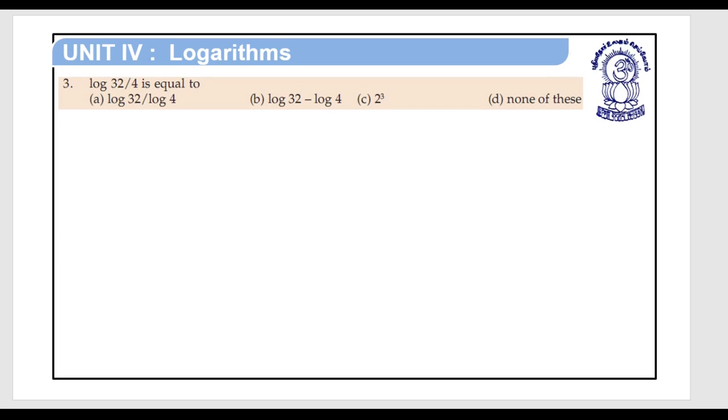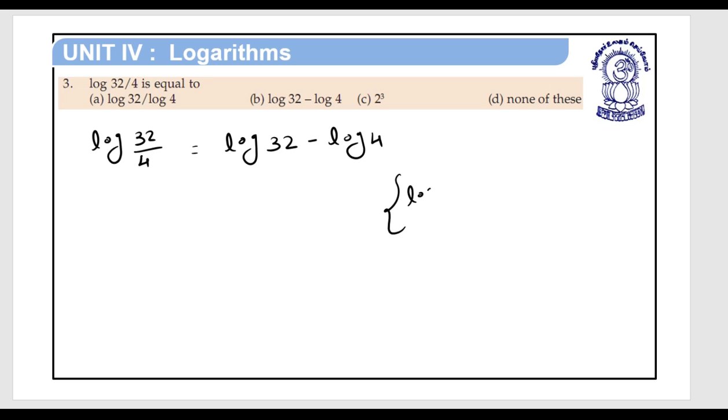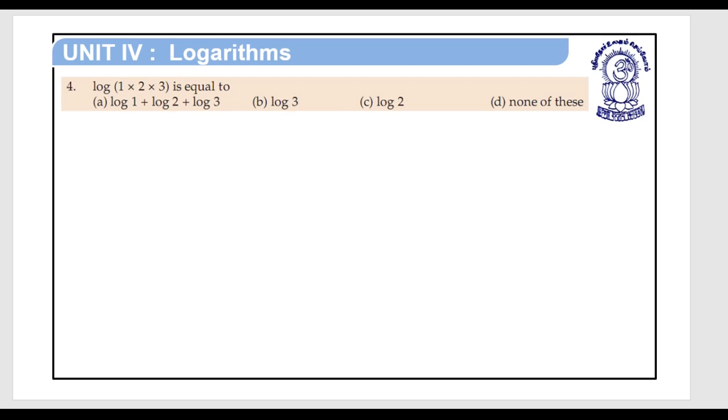Next, log 32 by 4 is equal to log 32 minus log 4. Simple. Here we are using the property log A by B is equal to log A minus log B. Next, log 1 into 2 into 3.